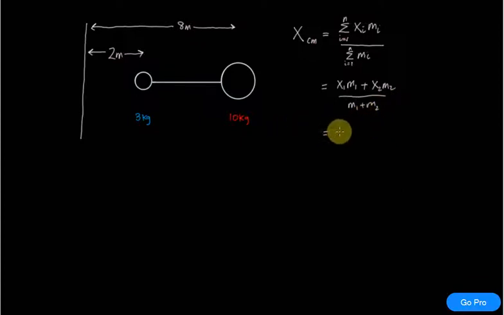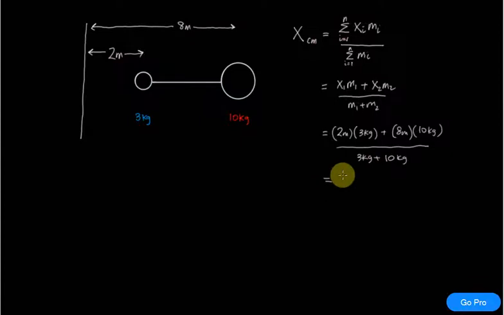So x1 distance is 2 meters multiplied by the mass of that particle, which is 3 kilograms, plus the distance of that second particle, which was 8 meters, multiplied by its mass, which was 10 kilograms, and then I divide that by the sum of all the masses, which was 3 kilograms plus 10 kilograms.